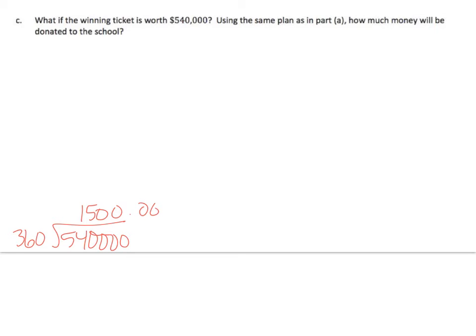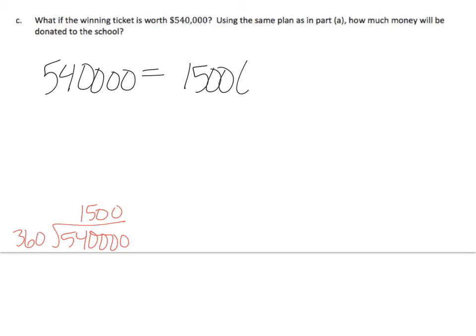Okay, there is no remainder in this problem. So 540,000 splits up evenly, and the school doesn't get anything. Each person gets $1,500 and the school receives nothing.